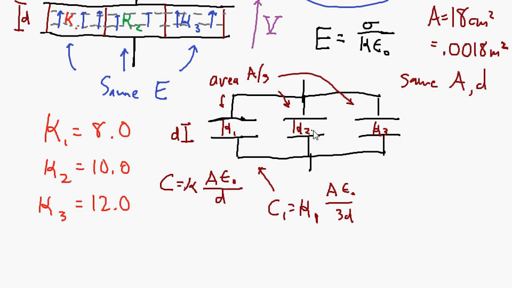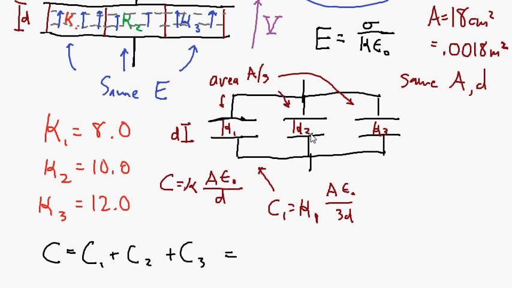These are 3 capacitors in parallel, right? And when we have capacitors in parallel, the rule is that you add the capacitances up. Okay, so the overall capacitance is capacitance of 1 plus capacitance of 2 plus capacitance of 3. And so you can see now this guy has a capacitance of kappa 1 A epsilon naught over 3D.